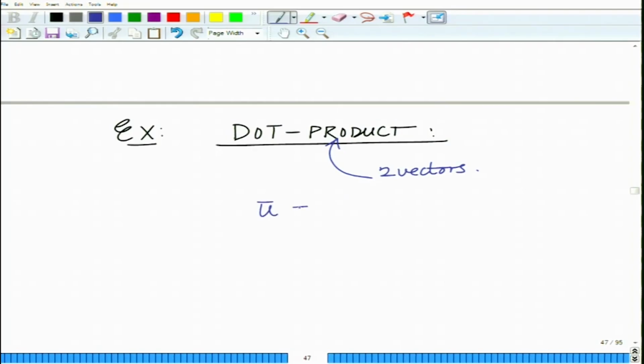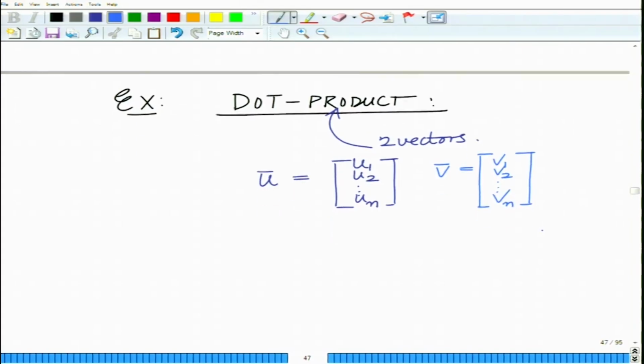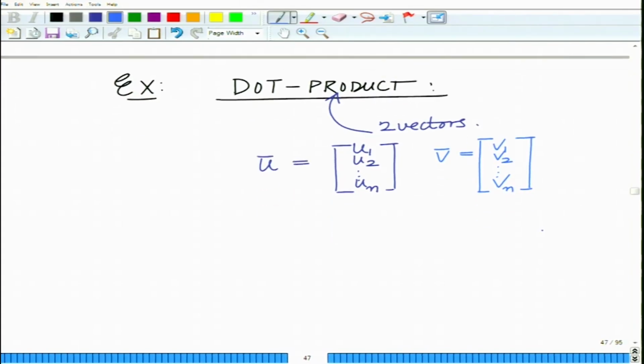Consider u bar equals u1, u2, up to un, and v bar equals v1, v2, up to vn. Now these are real vectors, n dimensional vectors.